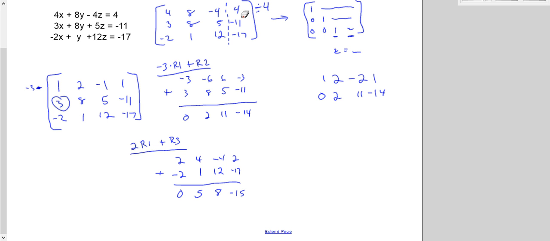So when I divide the first row by 4, that's 1, -1, 1, because -4 divided by 4 is just -1, not -2, which makes this, when we multiply that times -3, that will be 3, which then makes 3 plus 5 to be 8, which makes this over here 8.